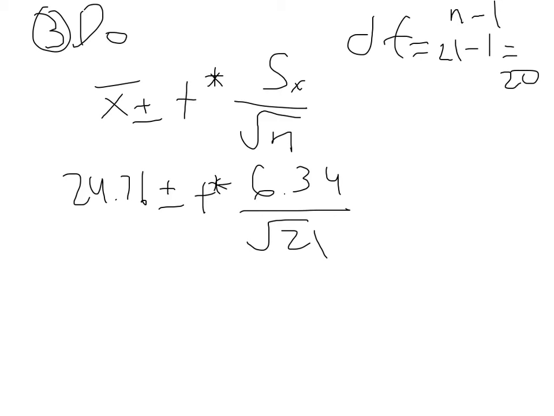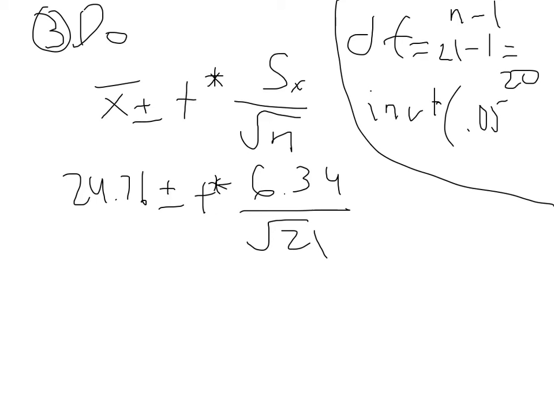Now if we plug it into a calculator, we can use inverse t, and then we have 0.05 with 20 degrees of freedom, and we end up getting the t star value of 1.725.